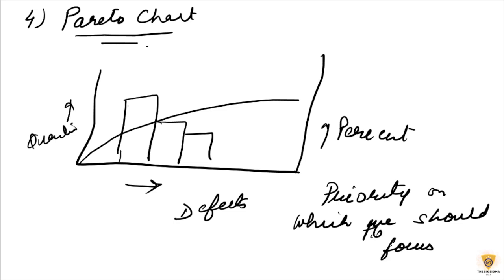So cumulative frequency is on the secondary axis, frequency is on the primary axis. So X and the primary Y axis use the discrete data, while the Y axis, that is secondary, has a variable data, right? So it's a combination of a line graph and a bar graph, and helps us to prioritize the category on which we should focus, right?